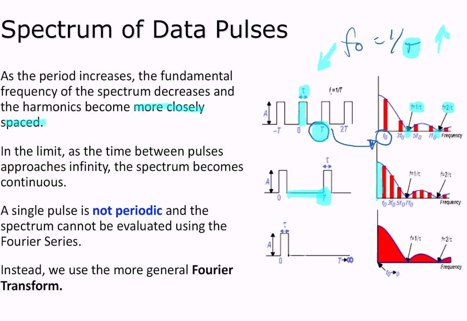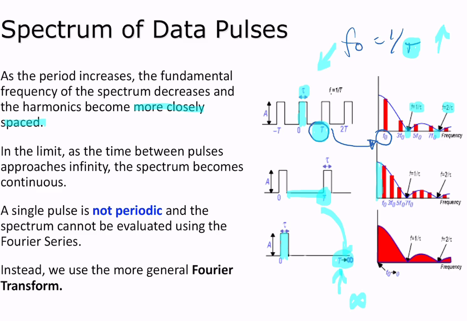Now, if this T becomes so big that it approaches infinity, we have a periodic waveform where the next pulse doesn't arrive until time approaches infinity. So it's as if it's no longer a periodic waveform. It's just a single pulse.